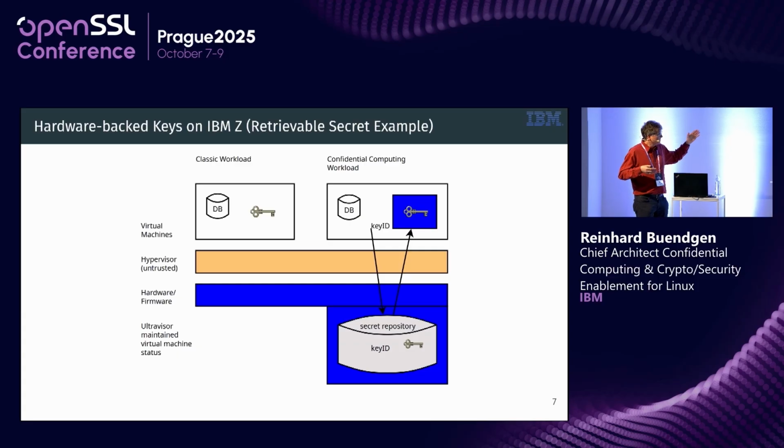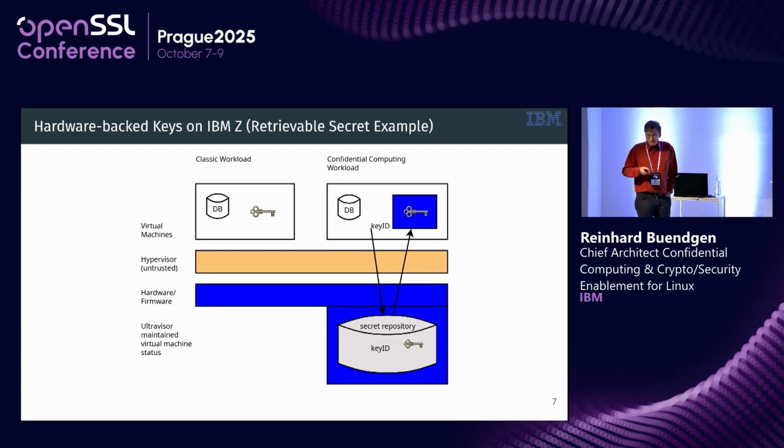So I'm not going into the details how these keys get into the ultravisor. Get me on the gangway afterwards in the hallway and I explain everything. But the ultravisor may maintain those keys. The guest itself, the virtual machine, will never see it, but it may know the identifier of the key and may ask the ultravisor, please give me that key object.